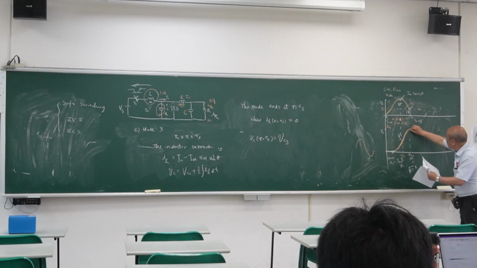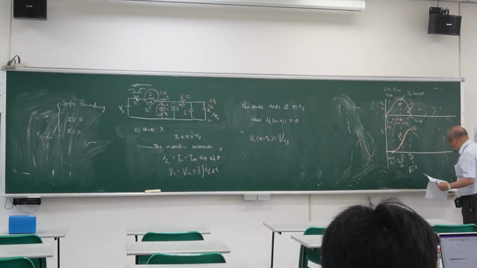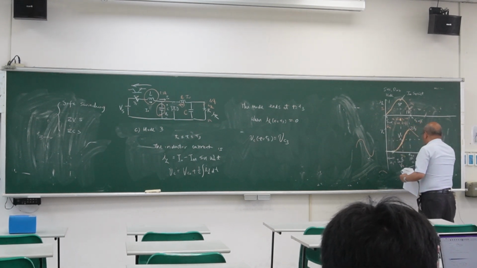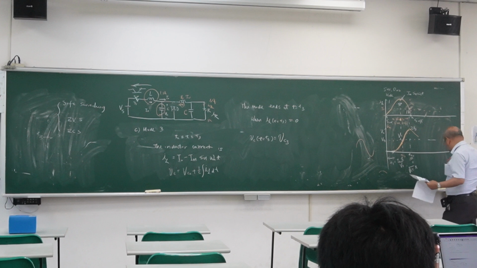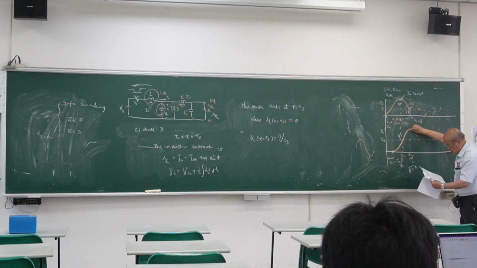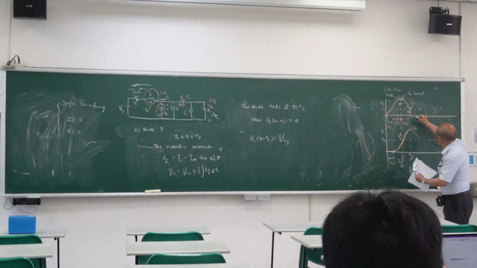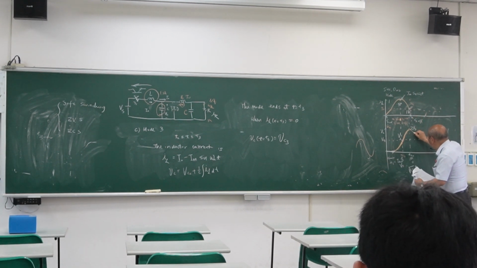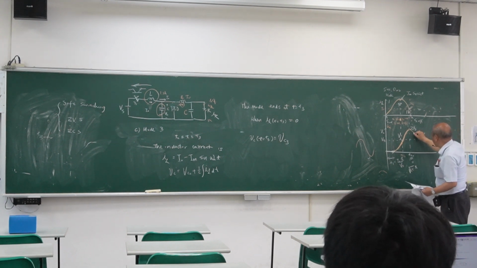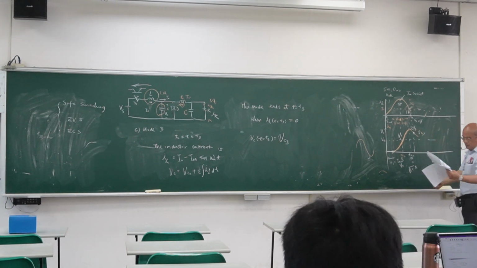The voltage is like this. Okay. So we have this one. This is Vs. So the voltage decreases. Okay. So we call this VC3. So at that time, we have VC3 here.